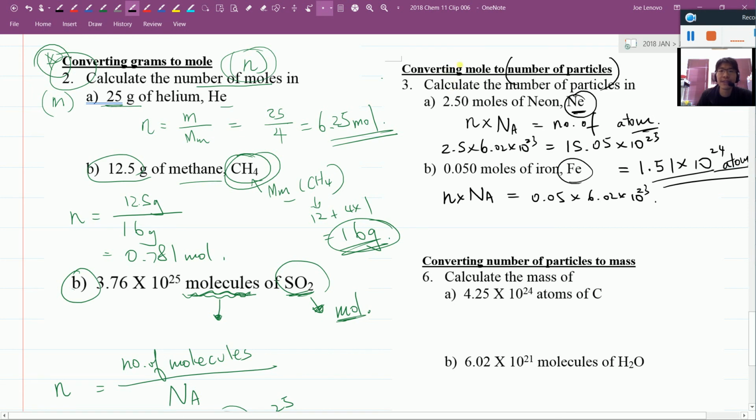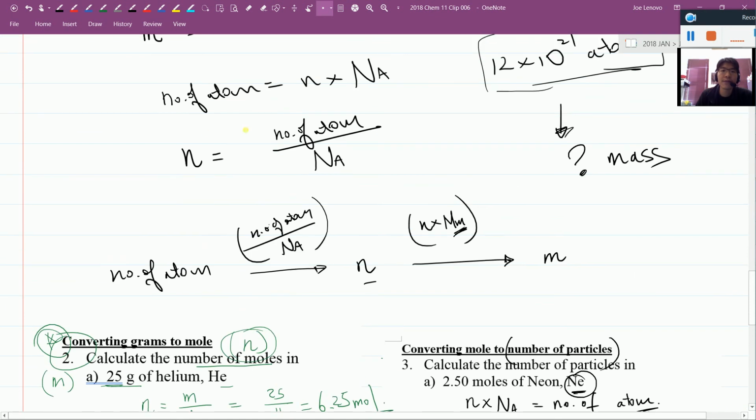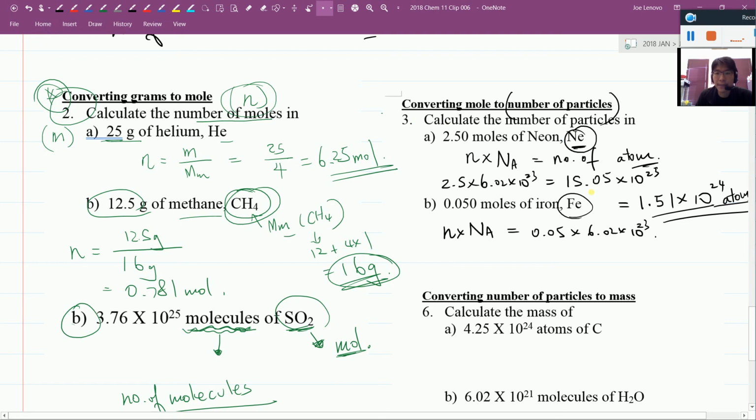The only time that you use the periodic table is when you would like to have the molar mass. By looking at the formula, the number of particles can be found just by the number of moles times the Avogadro number. So we don't need the molar mass at this point.